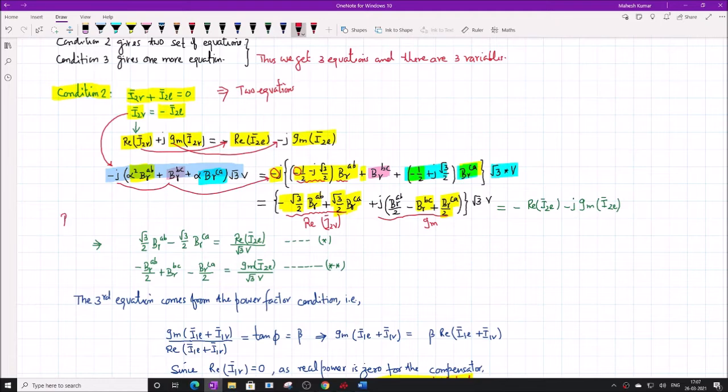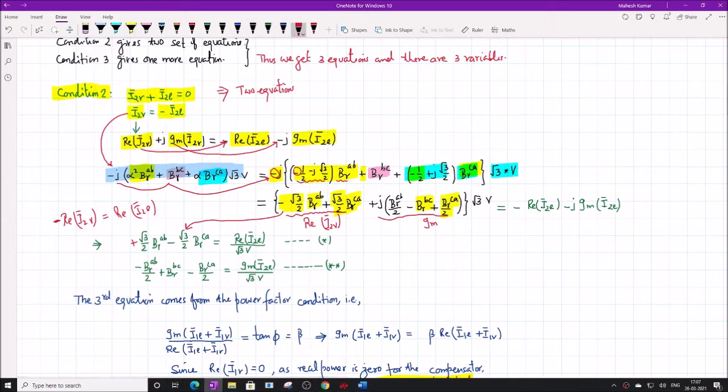Therefore real of I2 gamma, minus, I can take minus this side, equal to real of I2L. So this minus of this becomes this, because it is a plus sign now. So plus root 3 by 2 b gamma ab minus root 3 by 2 b gamma ca equal to real of I2L by root 3b, because root 3b is here.